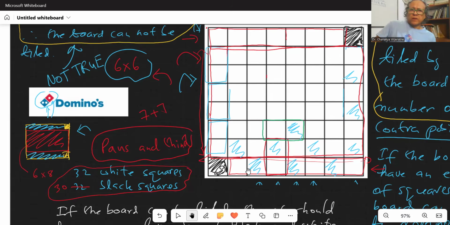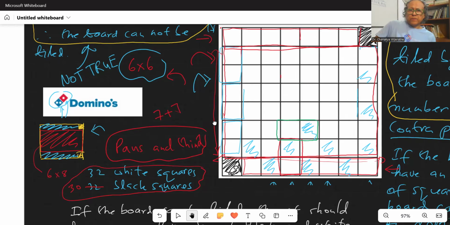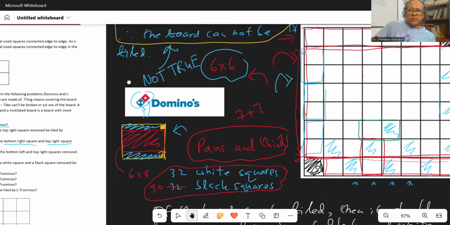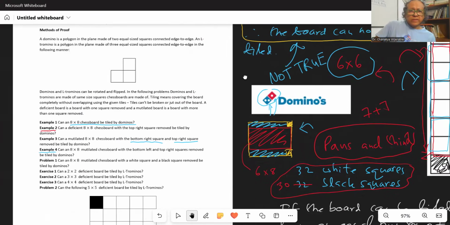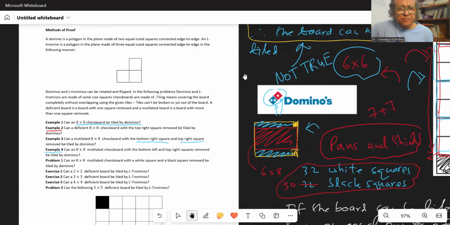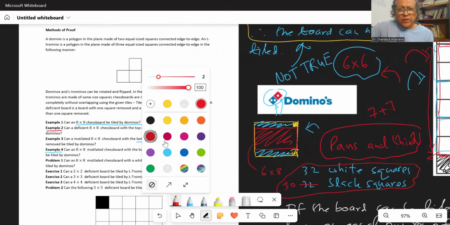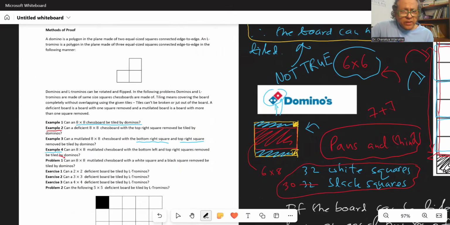Okay. All right. So hope that is clear, right? So now we have a problem, right? So what's the problem? The problem is that, can an 8 by 8 mutilated chessboard with a white square and a black square removed be tiled by dominoes?